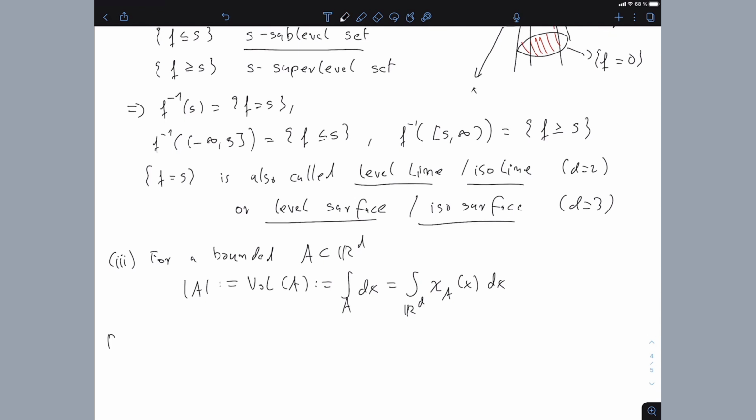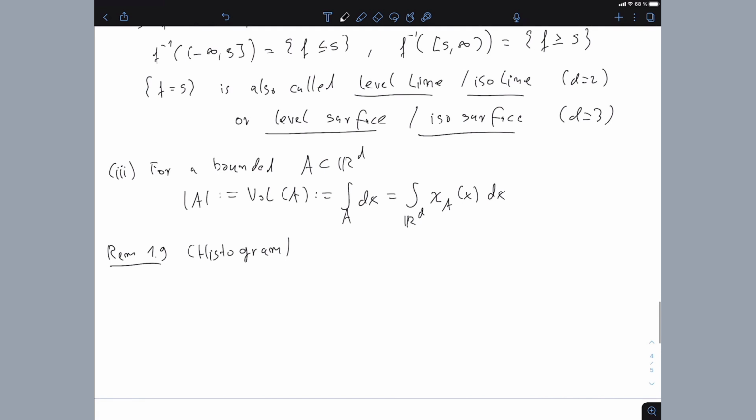Yeah, and with this notation at hand, we can now start to define the histogram for pixelated images.